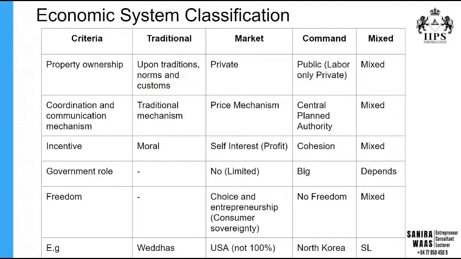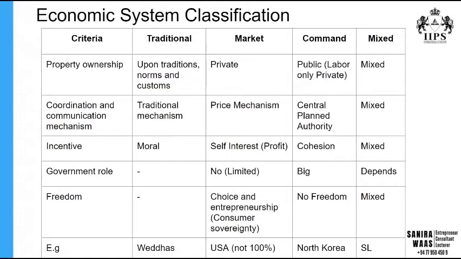In a command economy, the property ownership is more or less public, or the government holds it. Labor can be a privately held property, but in some countries, in extreme contexts, even labor is publicly held, where the government commands what to produce, in what quantity, and how to produce. So in such a context, the property ownership will be 100% public.